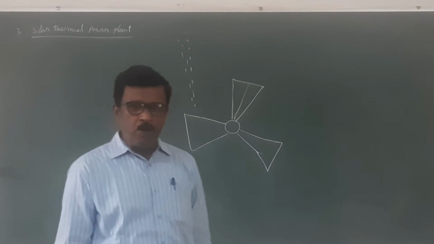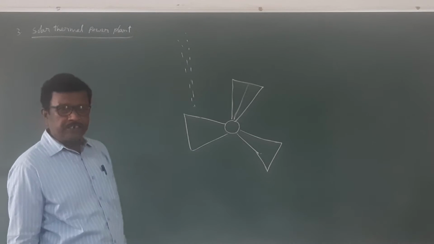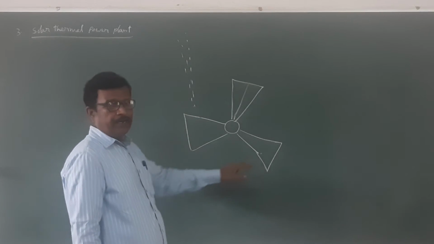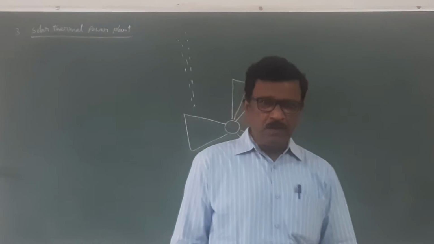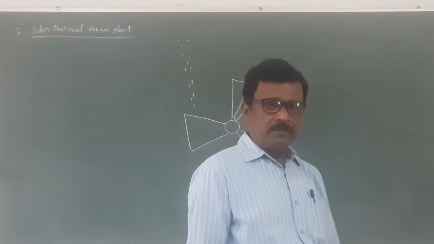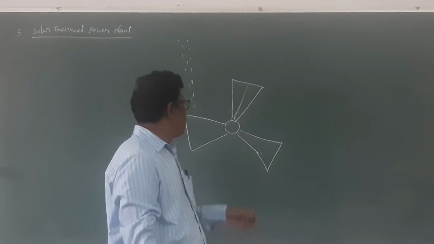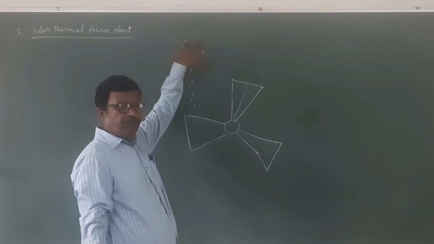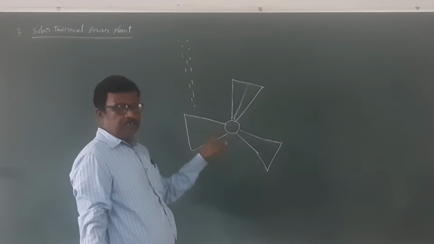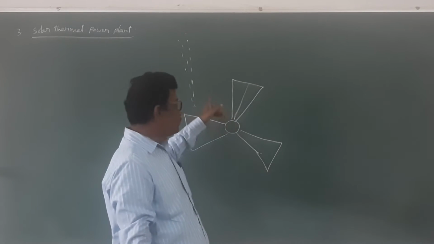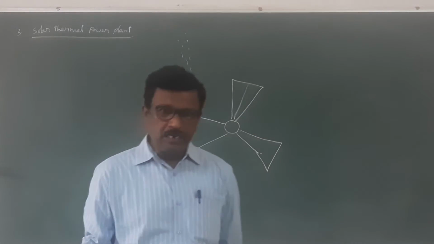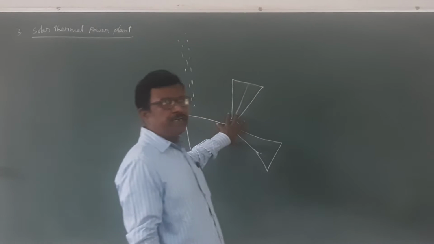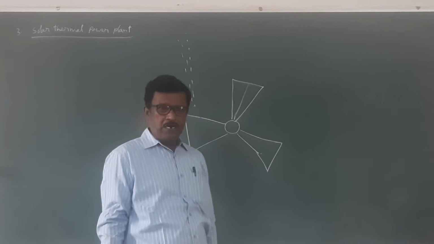In thermal power plants, the steam produced due to burning of fossil material will rotate the turbine. In nuclear power plants, nuclear energy produces an enormous amount of heat where the water will be superheated into steam, and that steam will rotate the turbine. So in all these cases, the rotation of the turbine is more important, whatever the means.